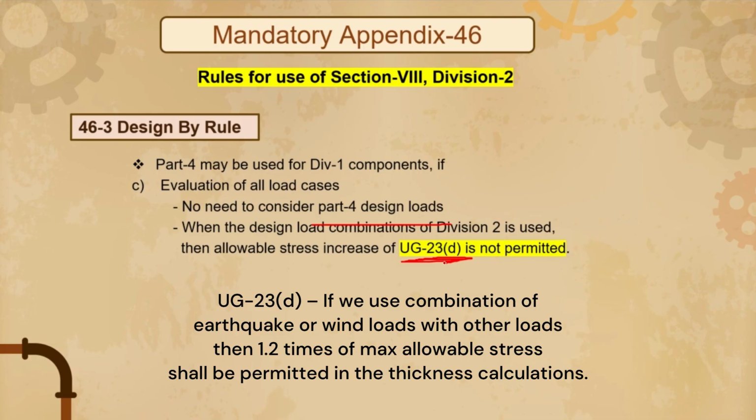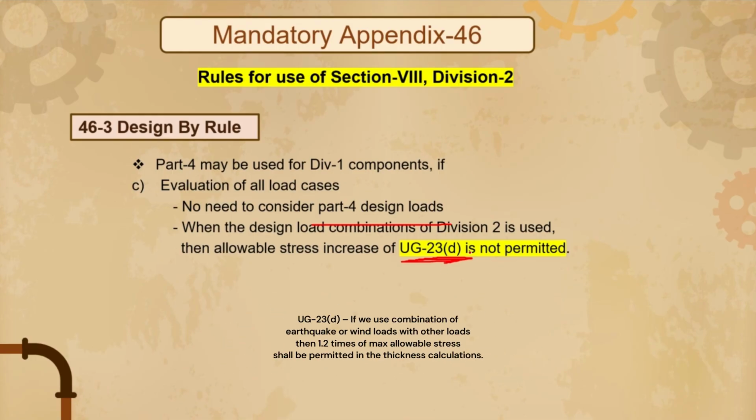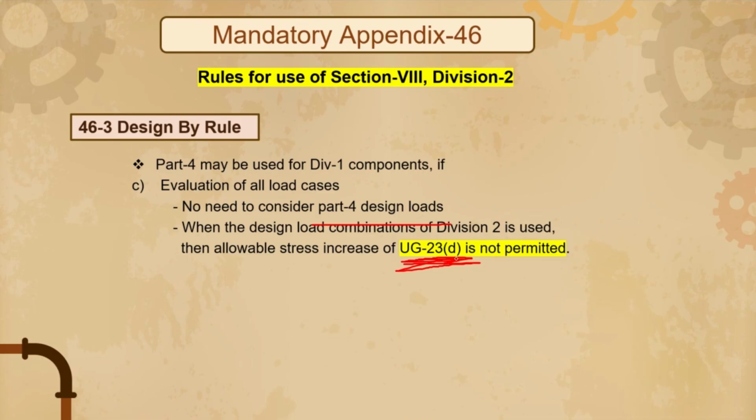That means 20% extra allowable stress is permitted, guys, in that condition. But if you are using Division 2 formulas, this condition is not permitted. I hope you got the point.